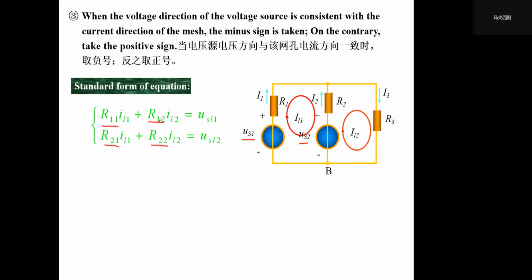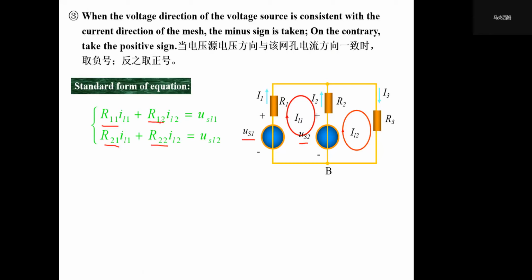If the circulation directions of the mesh currents in those two adjacent meshes are identical, the mutual resistance has a positive sign.